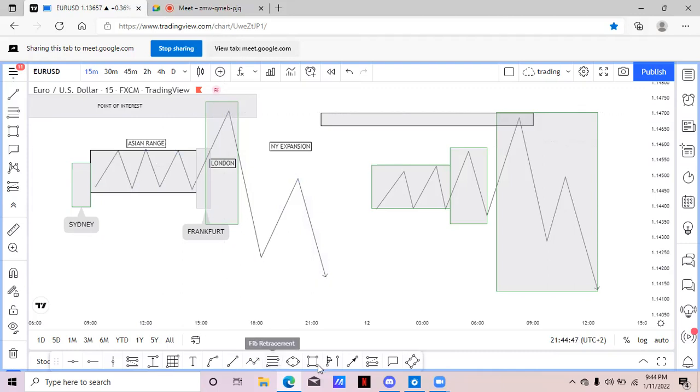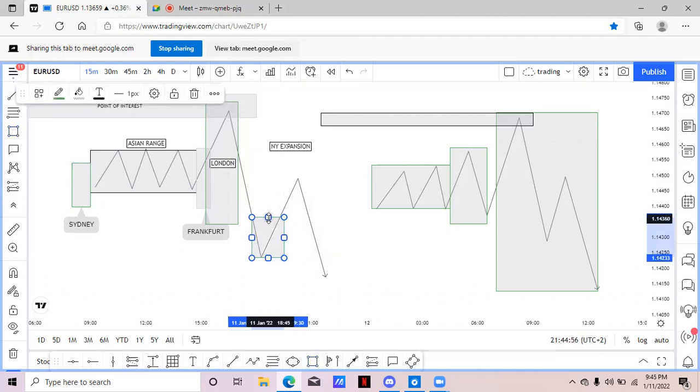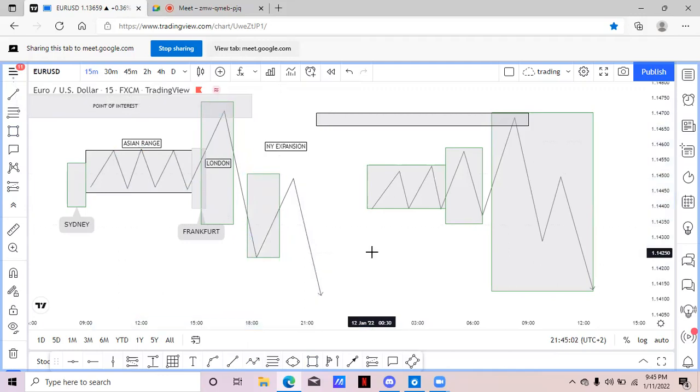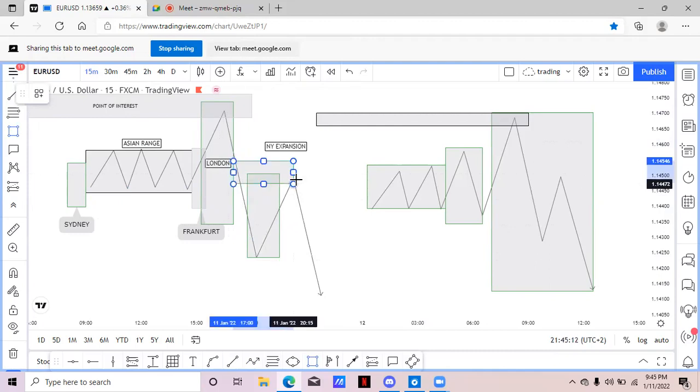When it was shooting down, it happened that along the way, maybe somewhere here, the New York session was involved. And what did the New York session do? The New York session retraced to the upside and then expanded the market to the downside again. You get a point. So there is something you must focus on. On the London session, you have to check for either the change of character setup or the last order block before a break of structure, before the break of the Asian low.